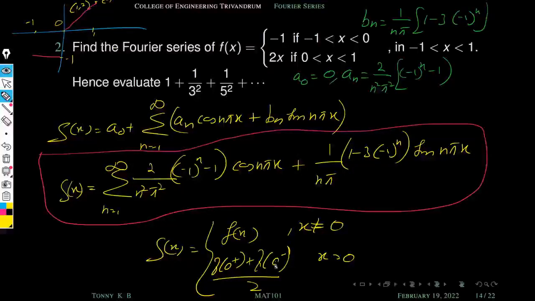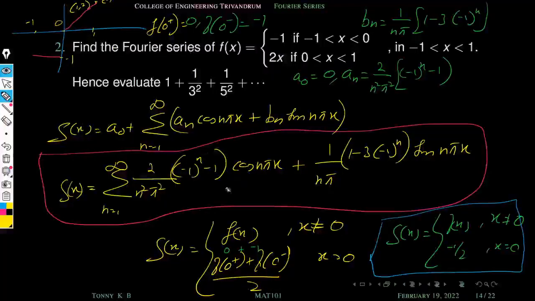What is f of 0 plus and f of 0 minus? When x tends to 0 through the right side, the function tends to 0, so this is 0. When x tends to 0 through the left side, the function is constant, that is -1, so this value equal to -1. So this is 0 plus -1 by 2, that is -1 by 2.